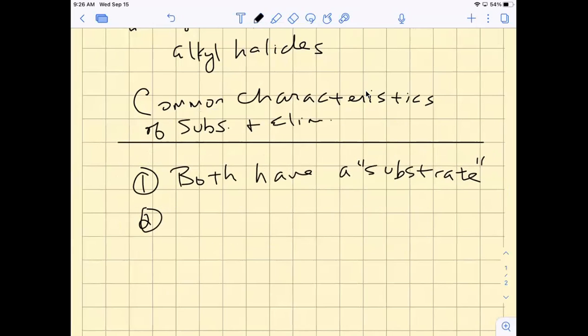So both have a substrate or a start material. Within that substrate, that's where your leaving group is. So the substrate must have a leaving group.